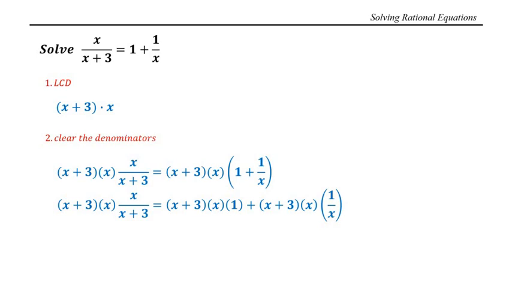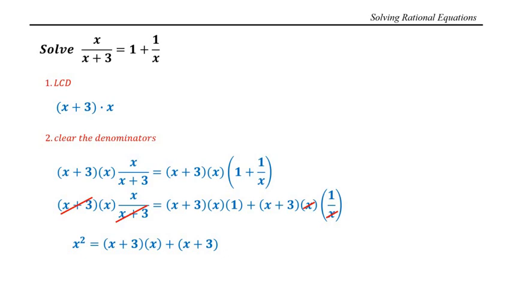If we start simplifying, we can cancel an x plus 3 here and here. Then on the right side of this equation, we can cancel an x there and there. Once we do that, we are left with x squared is equal to x plus 3 times x plus 3.